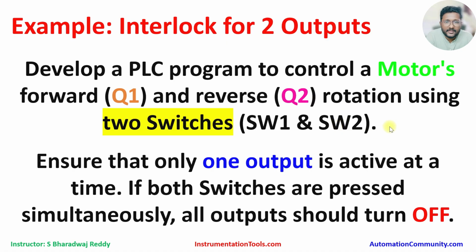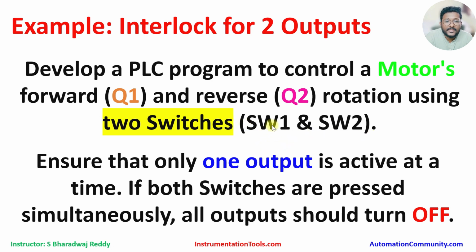The motor can rotate in the forward direction when output Q1 is on, or in the reverse direction when output Q2 is on. These two outputs are directly controlled using two switches.